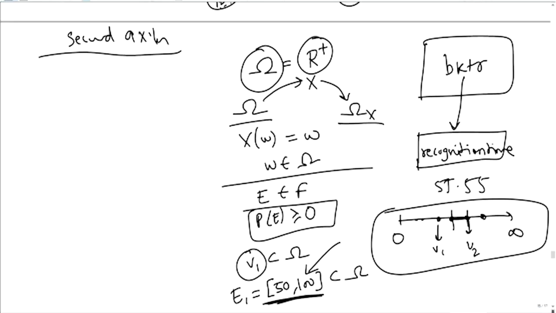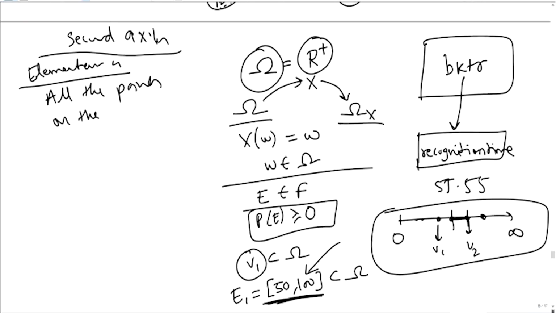So in fact, elementary events are all the points on the real number line between 0 and infinity. How many points do we have? An infinite number of points, right? How many points do we have between V1 and V2? An infinite number of points. All these points are elementary events.